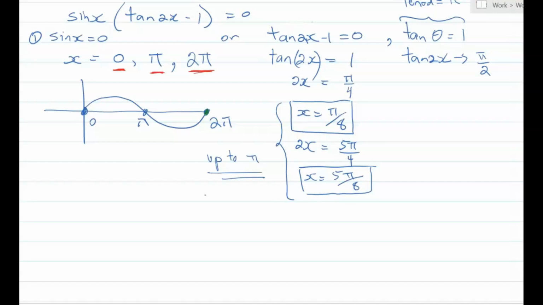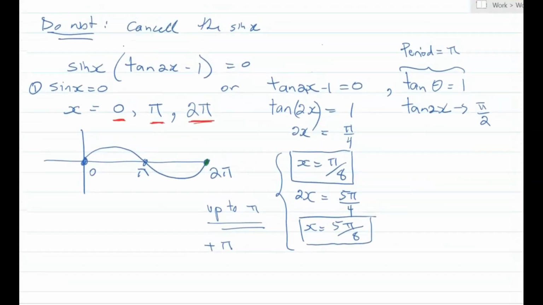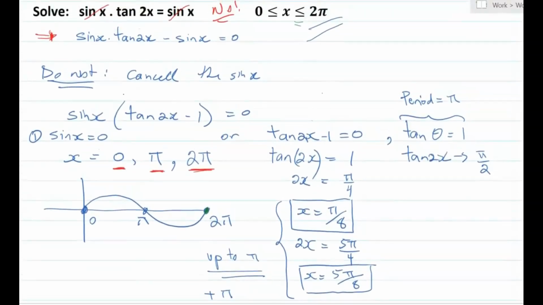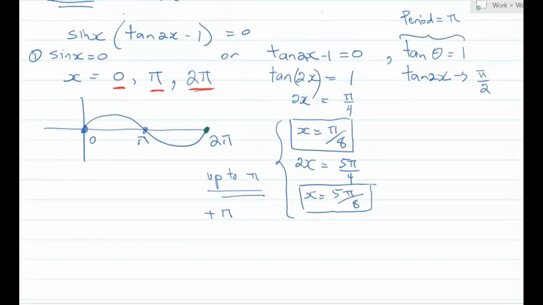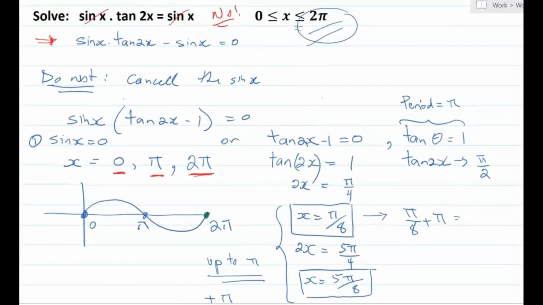But we want to go another pi because the final value we want to deal with is 2 pi. So for x equal to pi over 8, we add pi to it so that we can complete the cycle and get to the end of the interval.